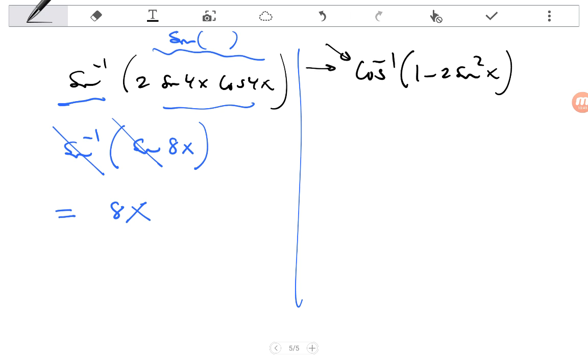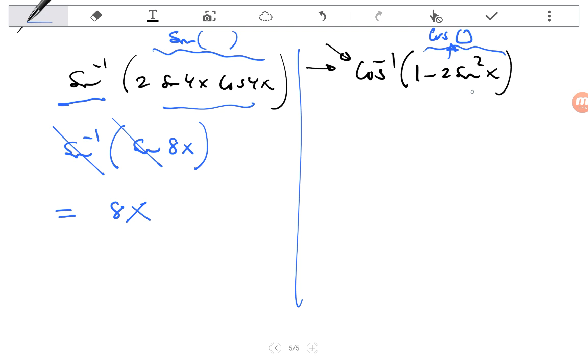But in this case, we have the inverse function outside. So to make any simplification, we must put the inside function as a cosine of something, to make a cancellation of cosine inverse with the cosine. Could I write it as 1 minus 2 sine squared?